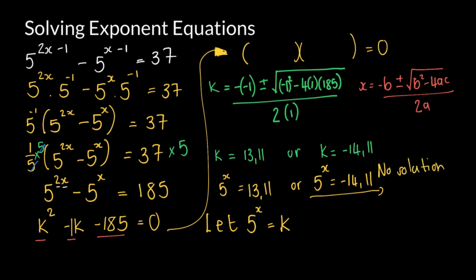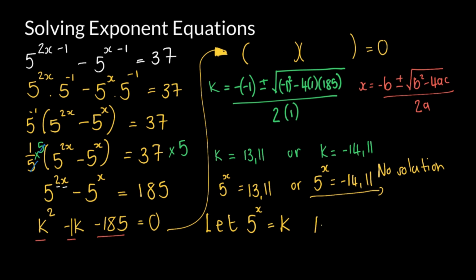On the other side, however, we are able to get a solution, but what we're going to have to do is use a function that can allow us to find the answer of a number like 13.11. So 5 to the power of something would give us 13.11, and that's kind of a difficult number for us to get. So what we do is we use log, and we're going to log both sides of it.